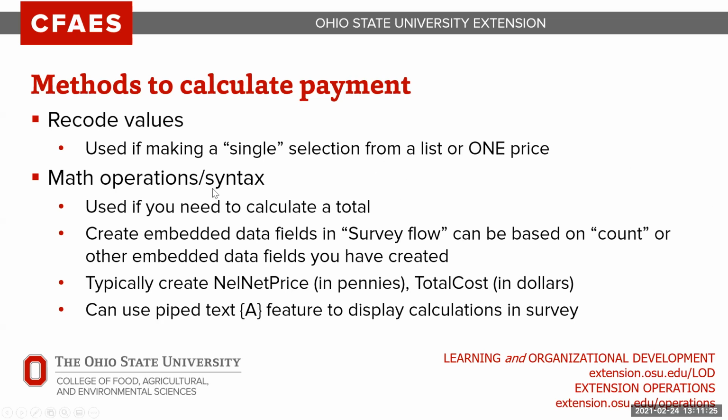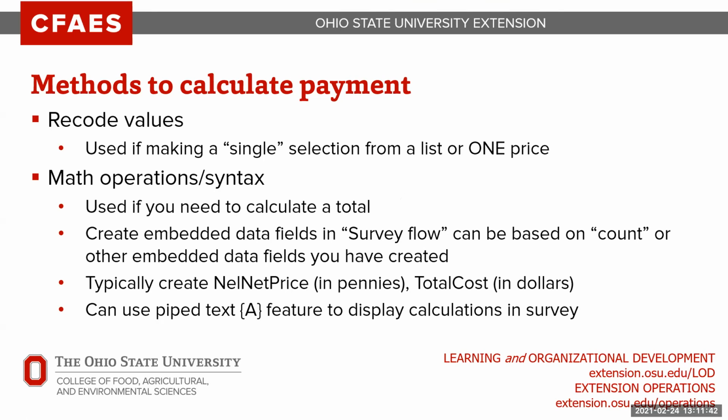The second way to calculate payment is using math operations and syntax in Qualtrics. And this all takes place within the survey flow. You would use this if you need to calculate a total.